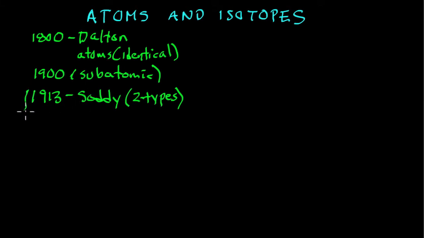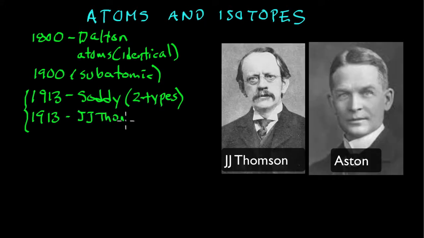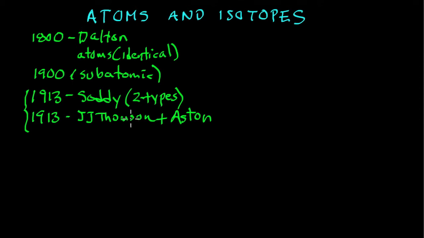So we started a process tied into the same time period, 1913, 1915, 16, with two British scientists. You've probably heard of J.J. Thomson, Nobel Prize winner for the discovery of the electron, and a colleague of his, Aston. Aston used the idea that Thomson got.